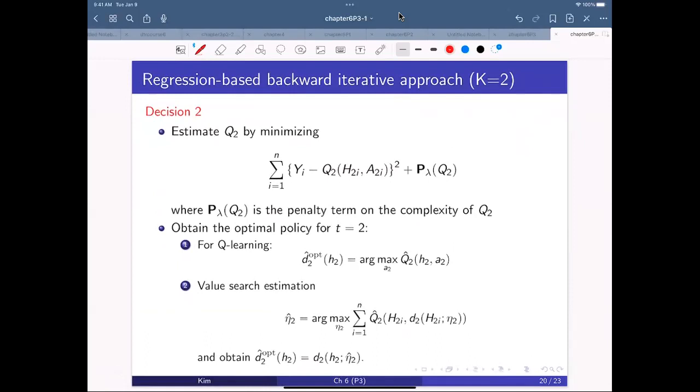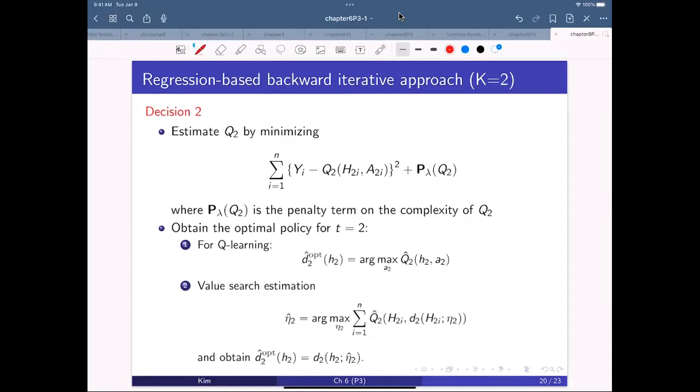You use all the data and feed the standard regression to obtain Q hat. You could use a parametric model if you believe it, but if you don't, you can just do the regular lasso or whatever. So that's Q learning.